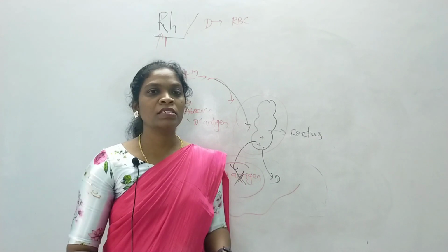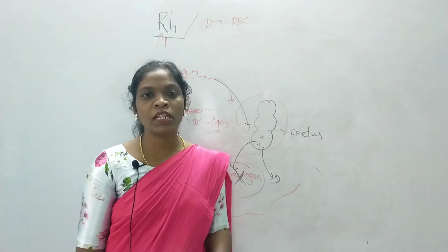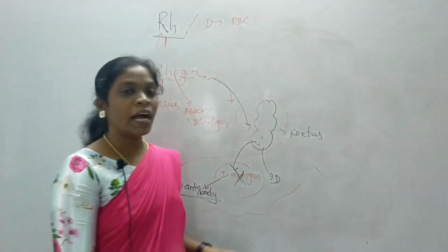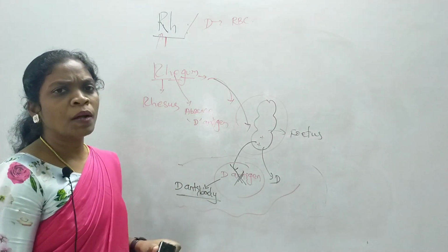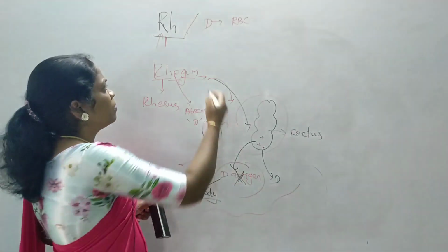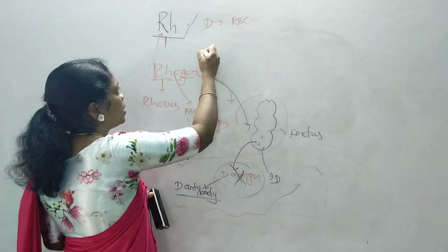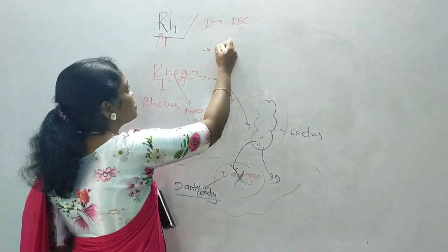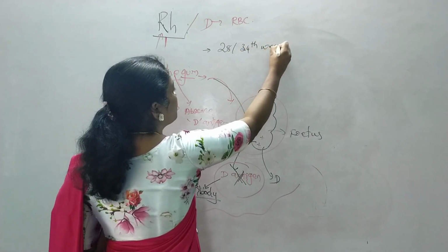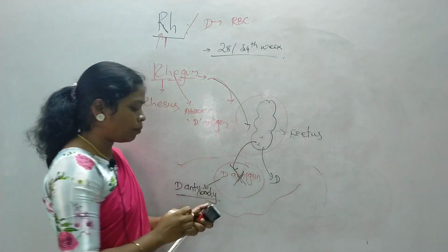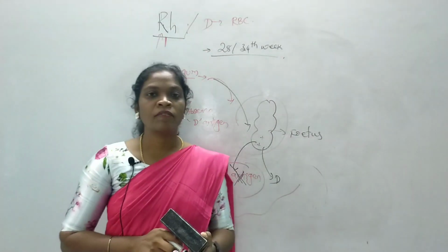So during second pregnancy, the antibodies are not going to destroy the developing fetus. One more way to avoid this problem is to inject the female with this injection by the 28th week or 34th week of pregnancy, which avoids the problem of erythroblastosis fetalis.